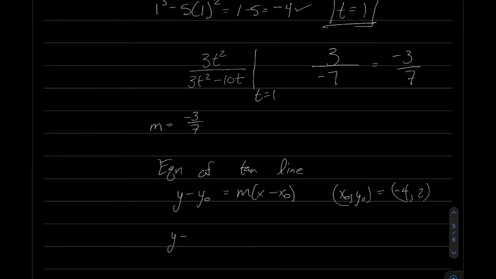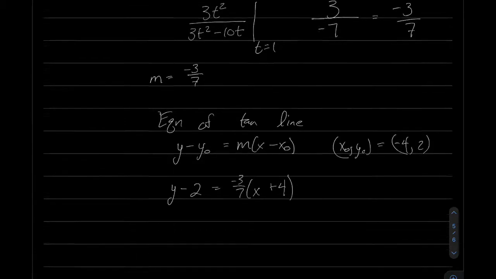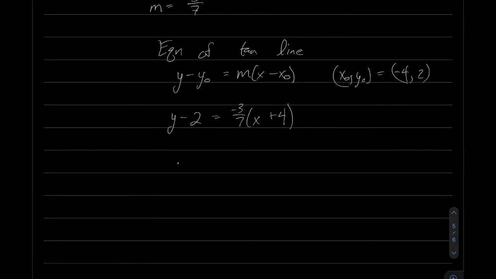So y minus 2 is equal to -3/7 times x plus 4. So y is equal to -3/7 x minus 12/7 plus 14/7.